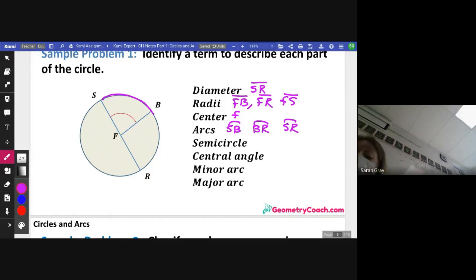Those are 3 different arcs. One of those was a semicircle. SR. And if we wanted to go the other way around the circle, we might say SBR. SR is going to the left side, and SBR would be going on the right side.